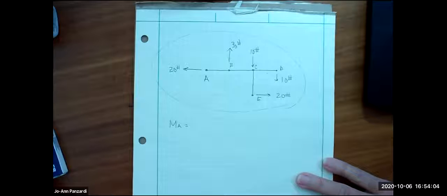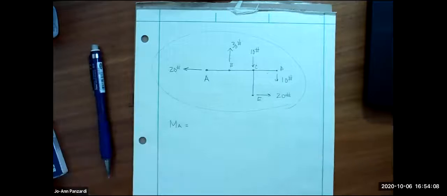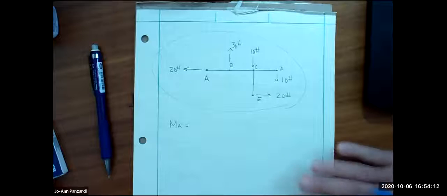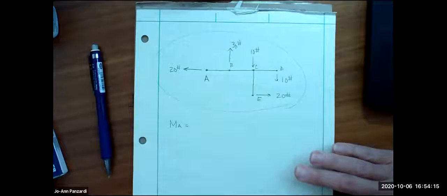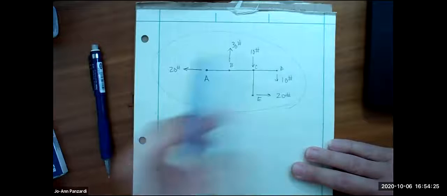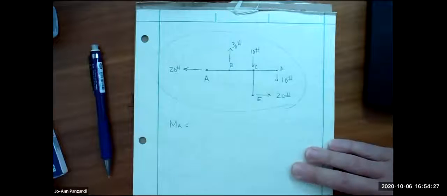So, Peter, can we break any of these into couples to simplify the problem? You could make A, B, C, D one, and then C and E another one. Okay, talk about the forces, not the beam, not the bracket.